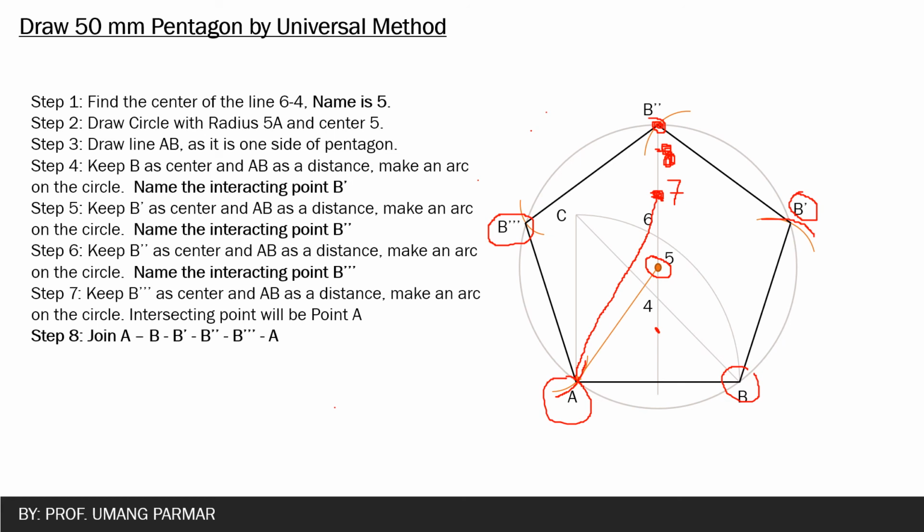So this is how we are going to draw the different polygons using the universal method. Right now on your screen you have the pentagon. Your pentagon is ready. You can use this method for making all the polygons. Just follow the method properly.